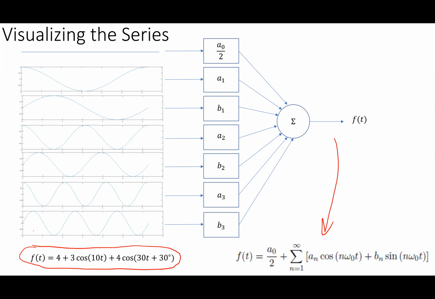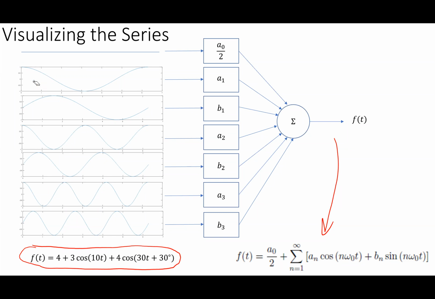What I do is I think of each of these amplitudes, A0, A1, B1, A2, and so forth, in my mind, as sort of knobs. How much do I need to turn the knob on the cosine component at the fundamental to get to the true waveform as it's represented?